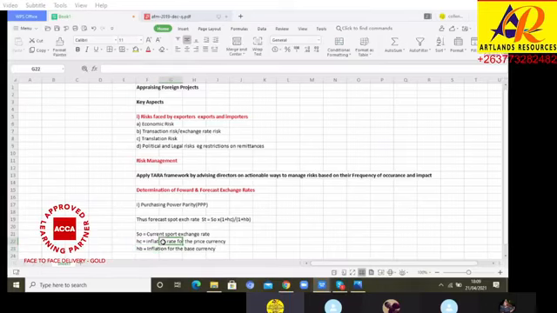Now, these inflation rates are actually per annum.